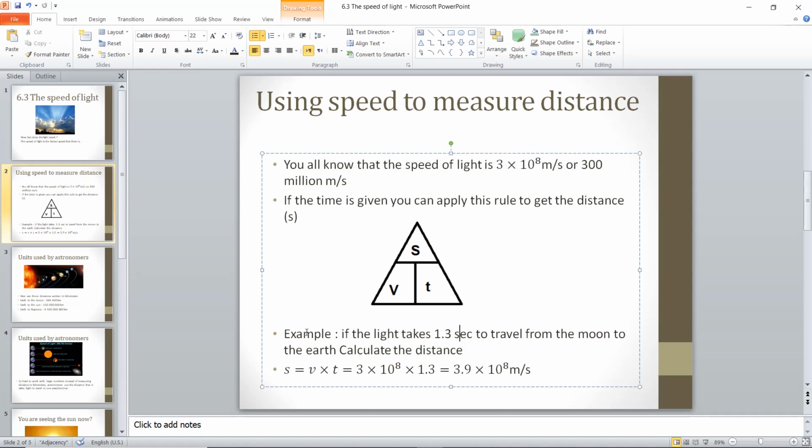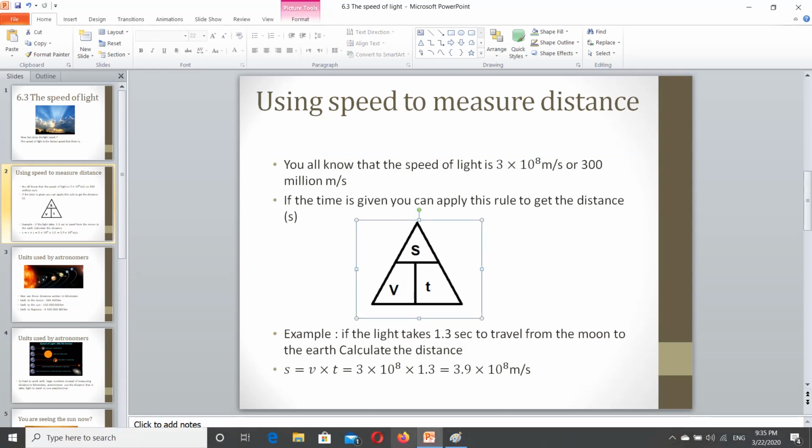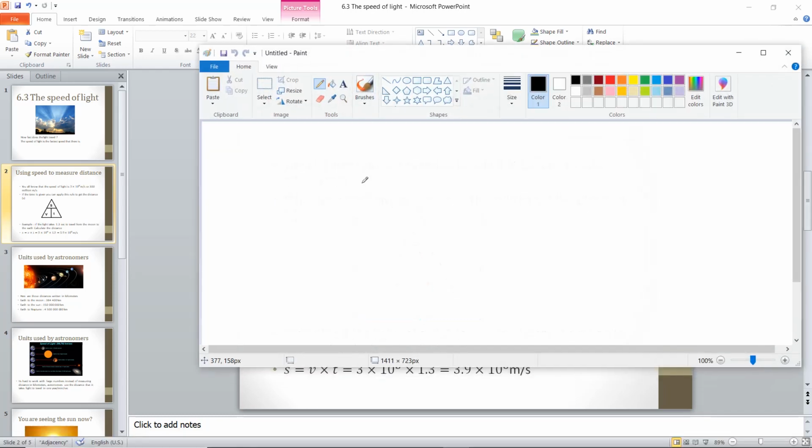First of all, all of you know that the distance D is equal to V times T. What is the value of V? 3 times 10 to the power 8 meters per second, right? Don't forget that. And the time is in seconds, 1.3 seconds.